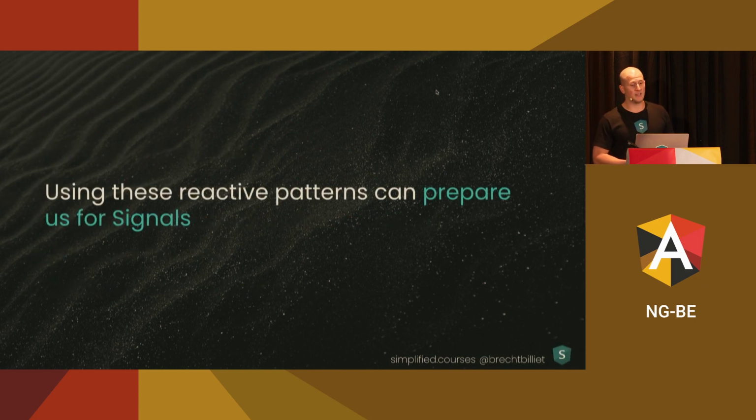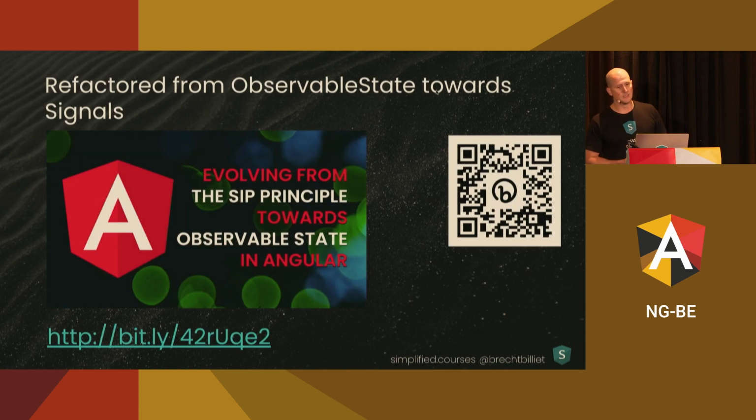So what I'm telling here is that using these reactive patterns can prepare us for signals, because signals are not ready yet. I'm not going to say more about signals because I don't want to steal the thunder of Pavel or Michael. But this way of programming might make it easier to take the leap towards signals.